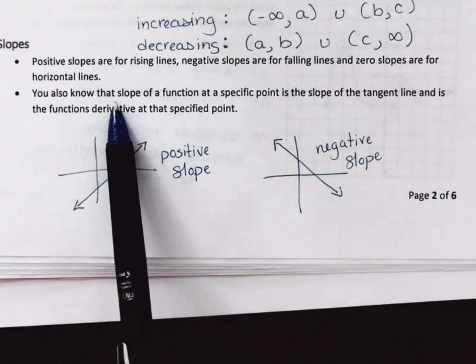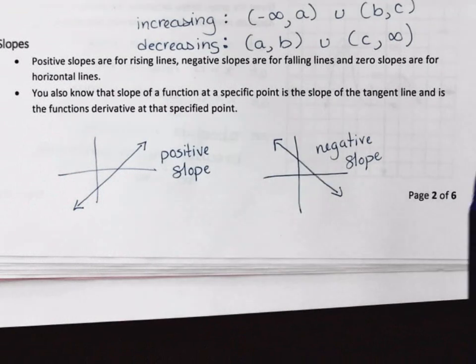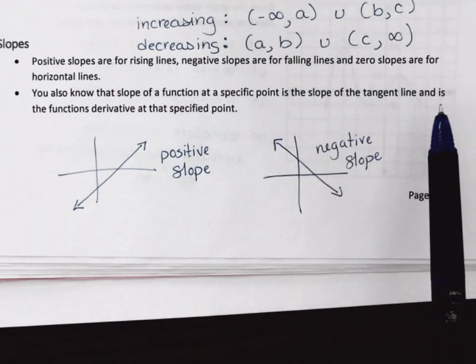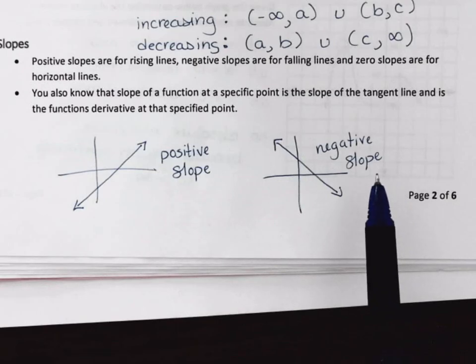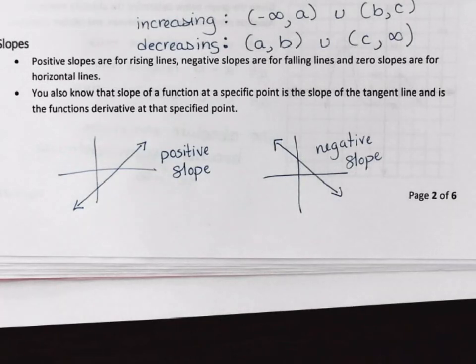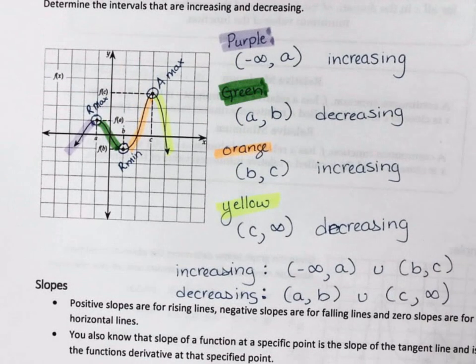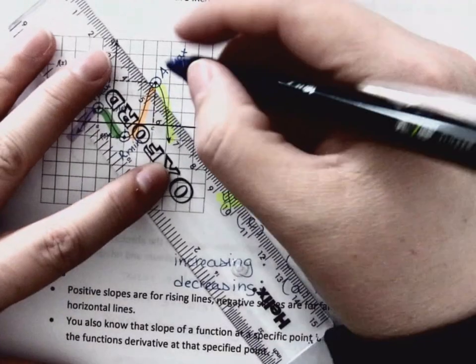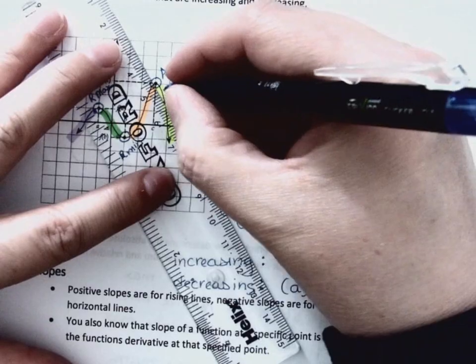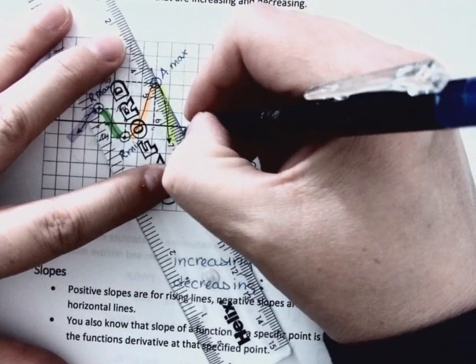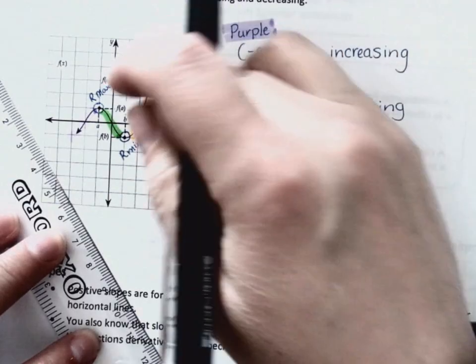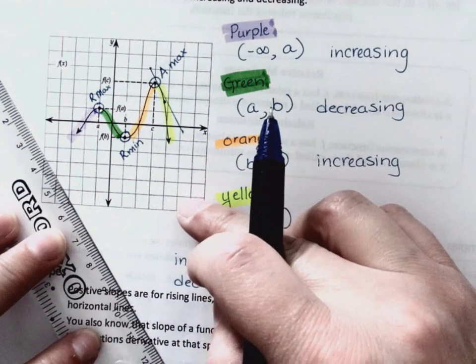And so we know that the slope of a function at a point of tangency, a specific point, is that first derivative, right? So if I made this my point of tangency and I did my tangent line here, if we found the slope of this line and found it to be negative, we know that our graph would be decreasing here.